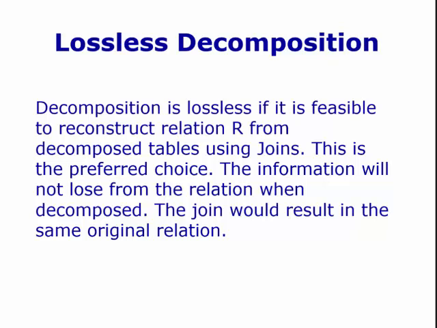This is the same name. So decomposition is lossless if it is feasible to reconstruct relation R from the decomposed tables using join. This is the preferred choice. The information will not be lost from the relation when decomposed. The join would result in the same relation.